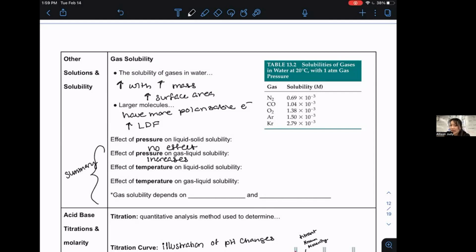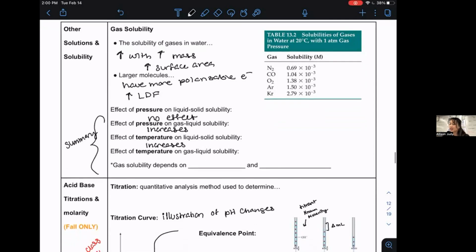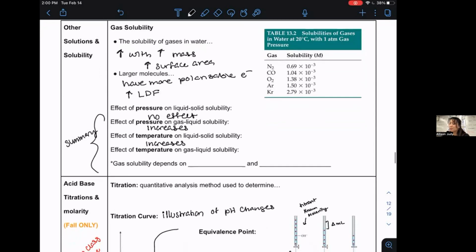Okay, likewise, the effect of temperature on a liquid solid solubility, we've said increases the solubility between a liquid and a solid, or two solids, theoretically. Not really, it's mainly between a liquid and a liquid, or a liquid and solid. But with temperature involving a gas component, you raise the temperature, you raise the kinetic energy, you raise those particles leaving you.